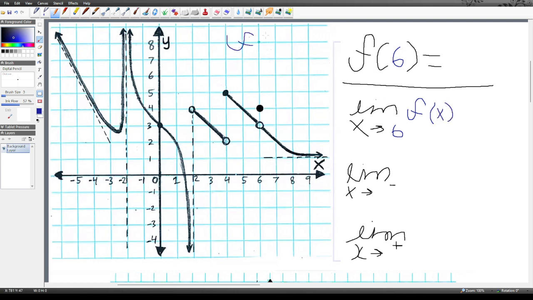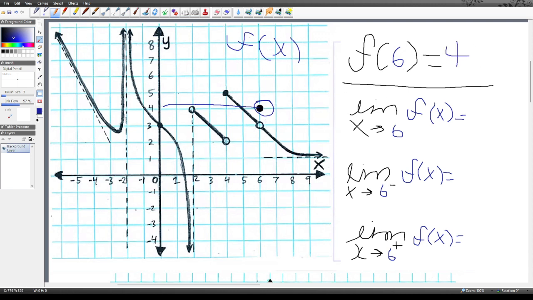This function is f of x. Remember to put your function after your limit. Give it a try, pause the video. When you evaluate 6 in this graph, you're given this, which is equal to 4. So your evaluation will be 4.